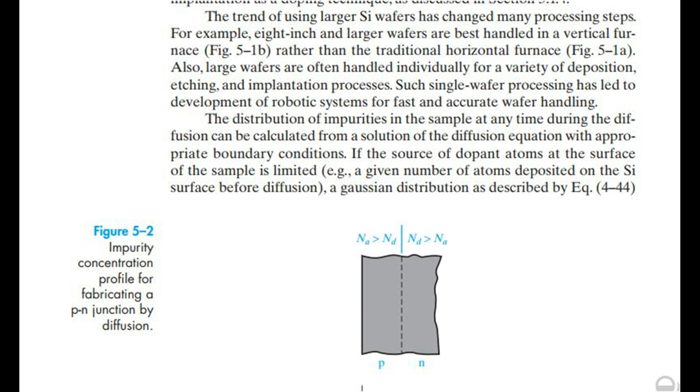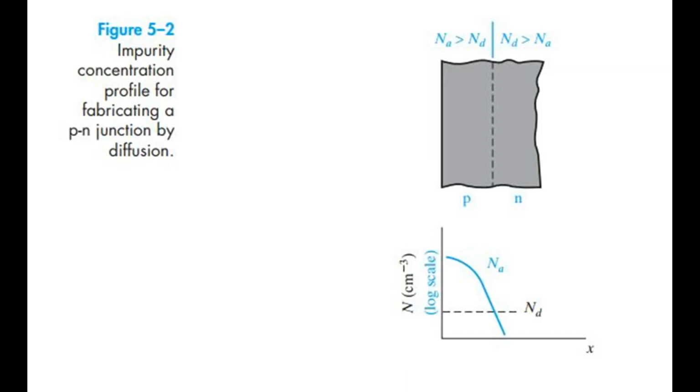The distribution of impurities in the sample at any time during the diffusion can be calculated from a solution of the diffusion equation with appropriate boundary conditions. If the source of dopant atoms at the surface of the sample is limited, for example, a given number of atoms deposited on the silicon surface before diffusion, a Gaussian distribution as described by Eq 4.47 is obtained.